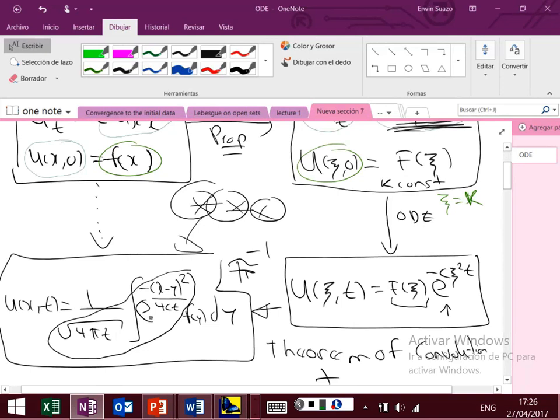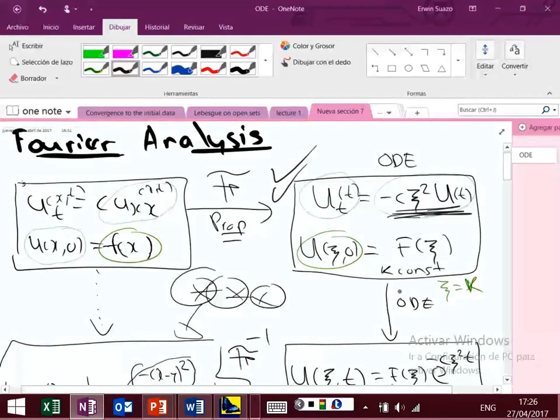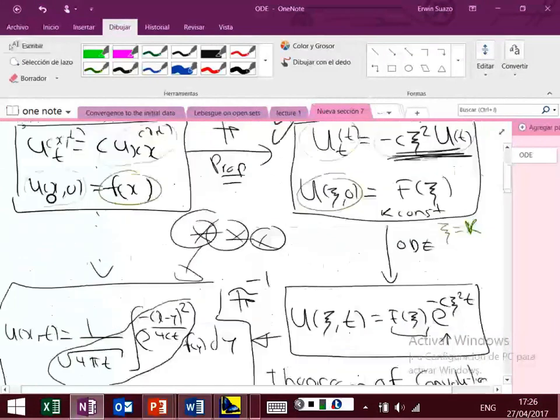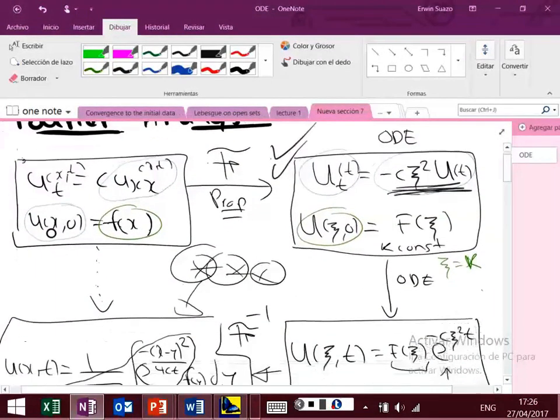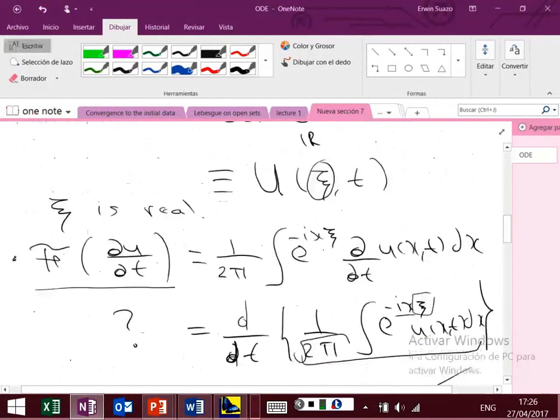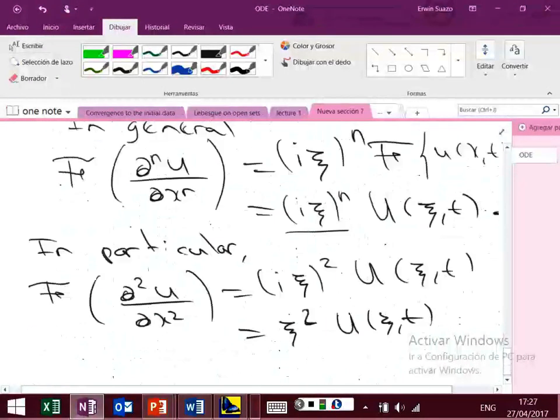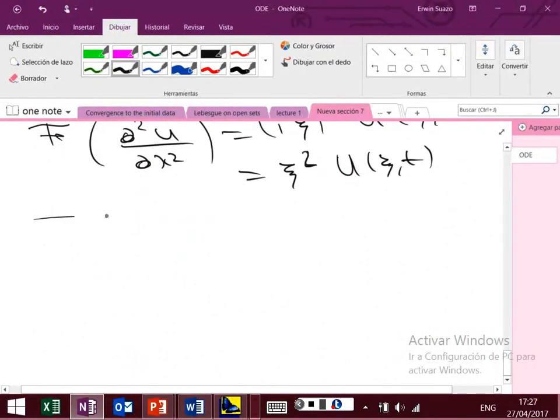Okay, so the next step is just an ordinary differential equation. Do you guys know how to solve that, or do you want me to do it for you? Just as a reminder, for completion.